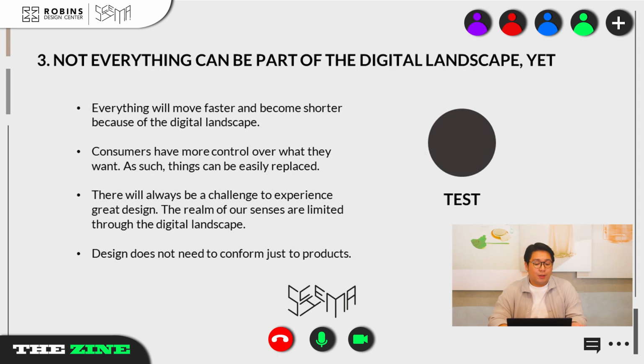Okay, our third talking point is that not everything can be part of the digital landscape yet. After we have generated feedback from our prototypes, we can now test which results will work better once we implement new designs. Remember in the previous slide I mentioned how the reception from the prototype stage will give valuable feedback? Well, because things move faster in the digital landscape, it is also faster to be replaced.